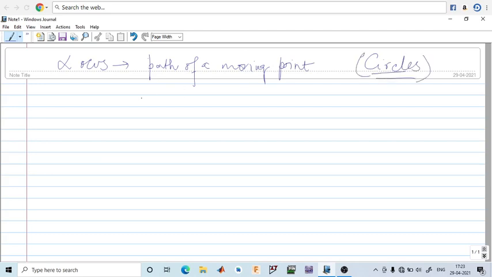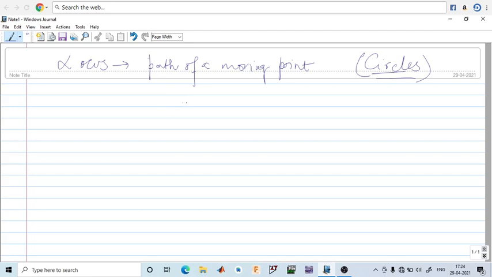So what is a circle? A locus, or a path of a moving point, which is equidistant from a single point.